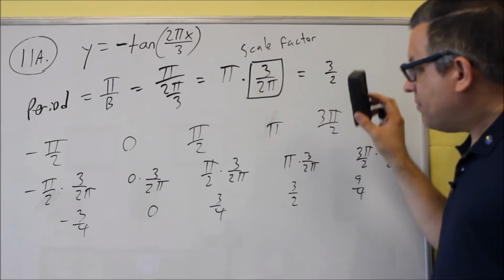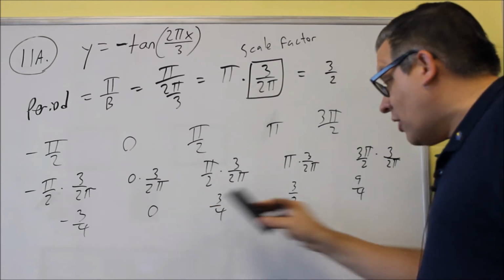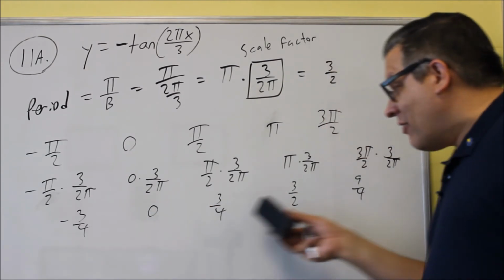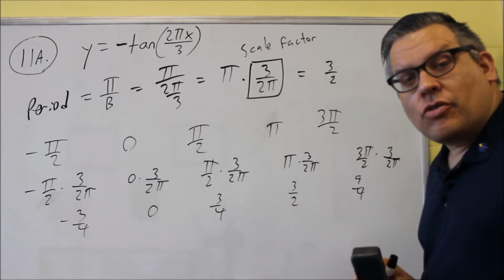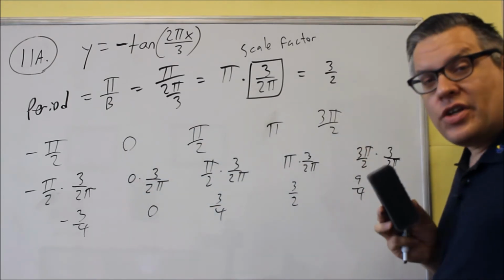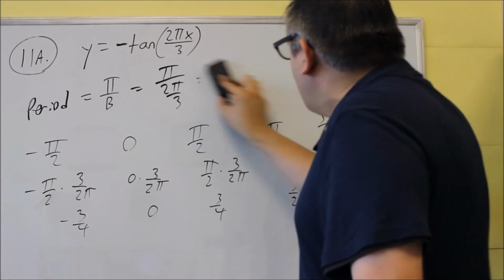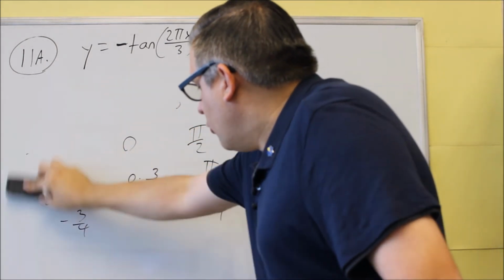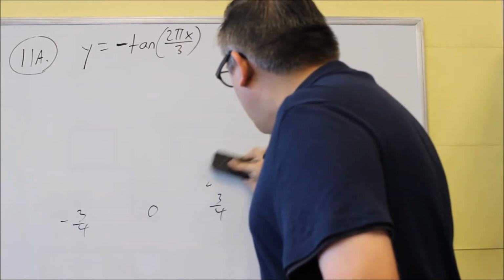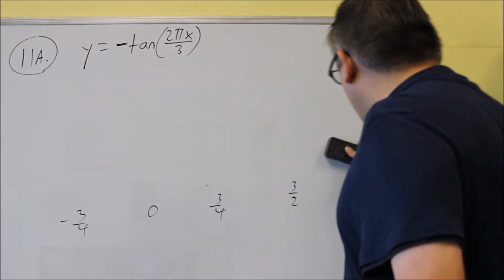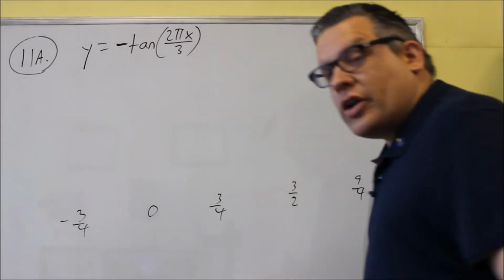Now the graph itself is going to have these down here as the new key points instead of the original ones here. So we want to use this bottom row for our graph. So I'm going to erase all this so we have room for the graph. I'm going to leave the key points just like that and then just draw in the graph.